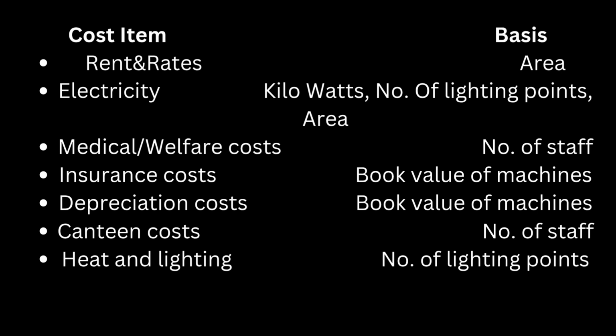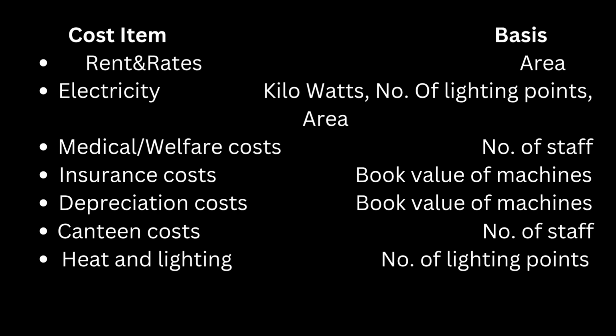This can be apportioned based on the book value of machines. Depreciation costs we can also apportion based on the book value of machines. Because in a company, if you're utilizing machines for production, that means they depreciate.